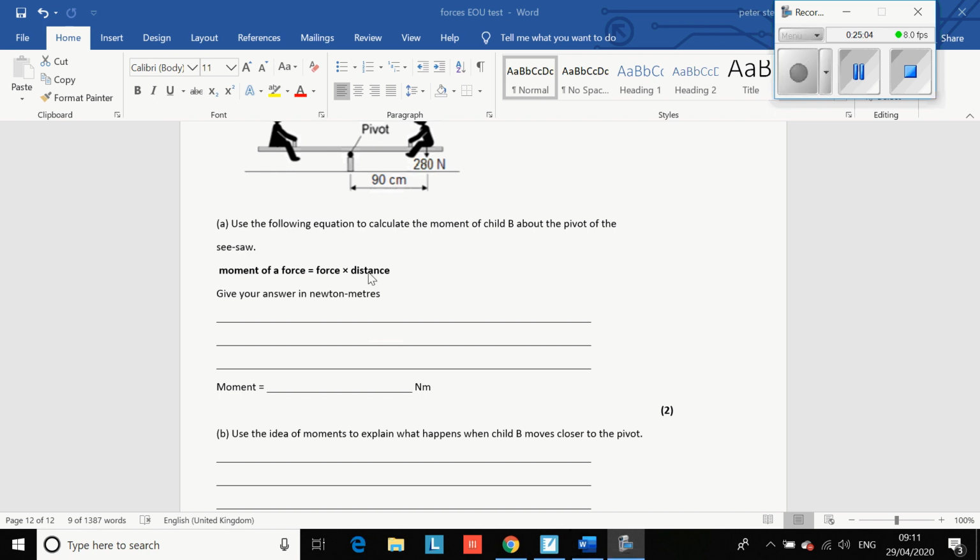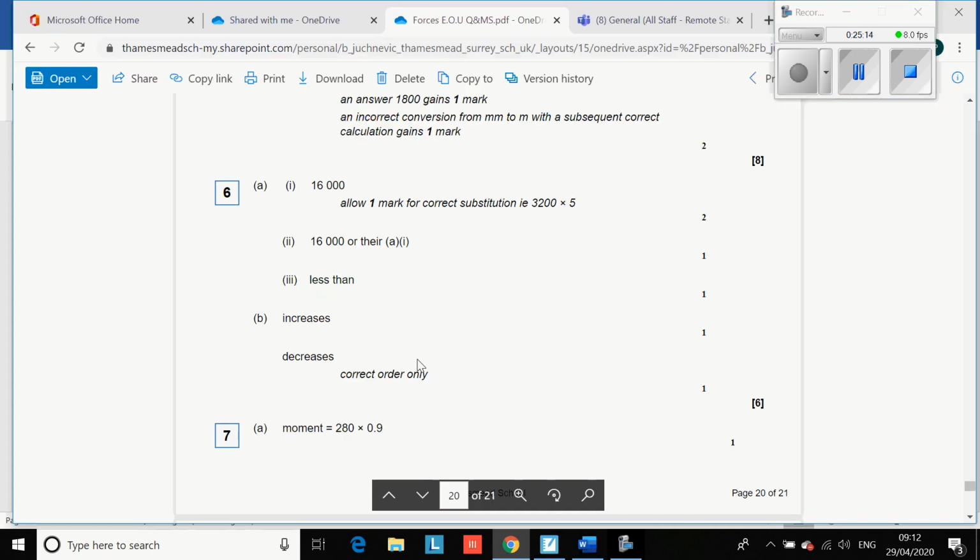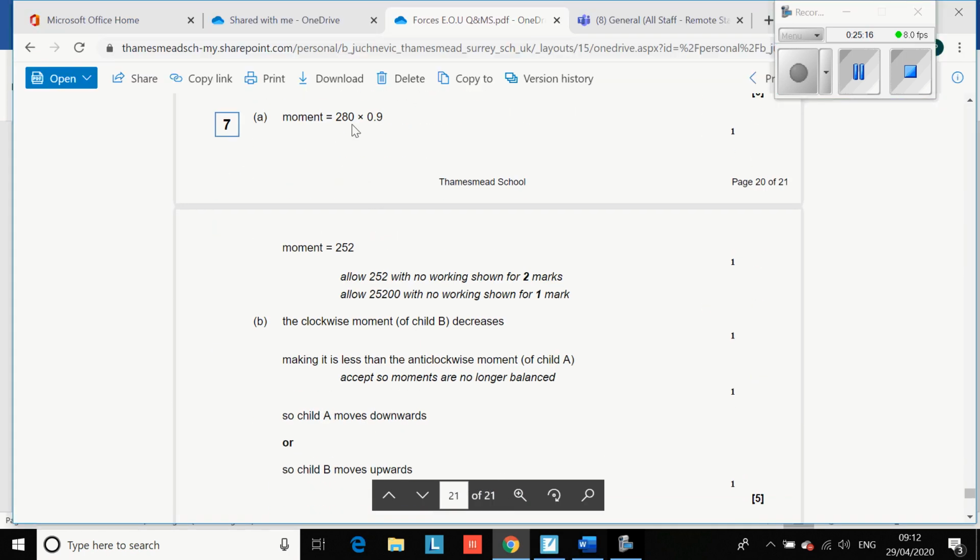They wouldn't in the exam. So force, 280, times distance, 0.9. Got to do conversion into meters. So 280 times 0.9, the moment was 252. If you got 25200 with no working, you still get 1 mark because you did show that you understand at least how to do the equation.